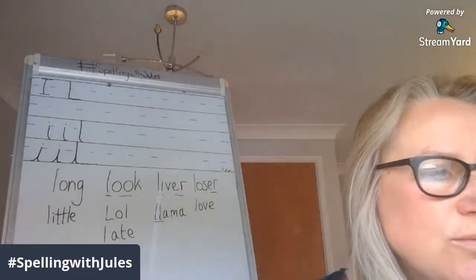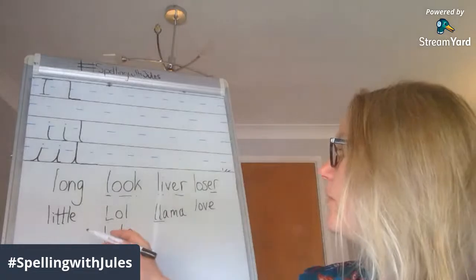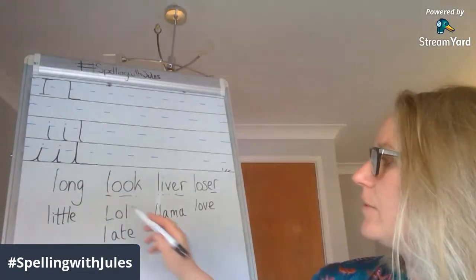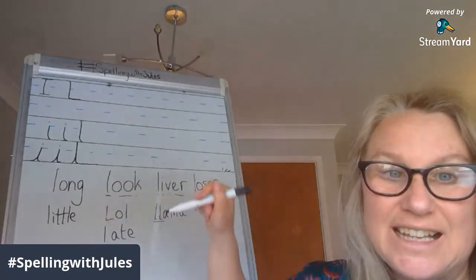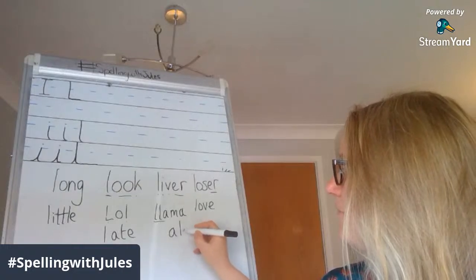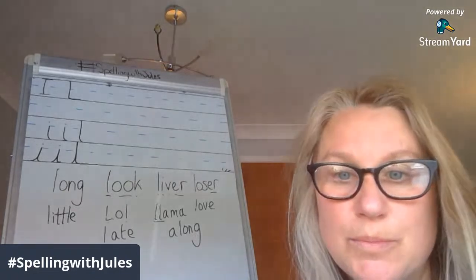Okay. Right, 2 more. And then we'll have a look. Along. Now, good. So long, well done. And then along has got the A, and we're going to do those in a minute. We're going to look at some other words with L in them that don't begin with L. So along is one. I'll have to rub these out in a minute so you can see the board. But yeah, along.